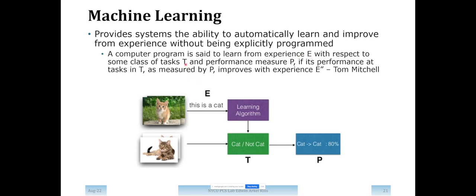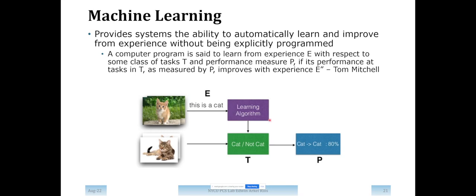The task is recognizing the image, and we have a performance measure, which in this case is the classification accuracy. If the program is not getting the right classification of cat or not cat, it will use that experience to improve. That's the idea behind all machine learning algorithms.